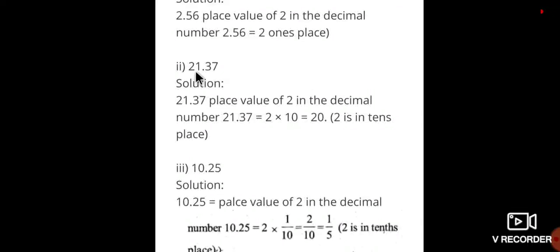Here also, 21.37 they gave and asked the place value of 2 in the decimal number. Here units, tens. Here 1 by tenths, 1 by hundreds. So in the units, tens place, the number 2 is in the tens place.